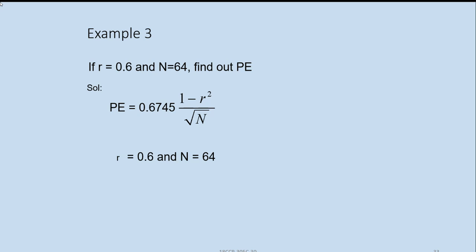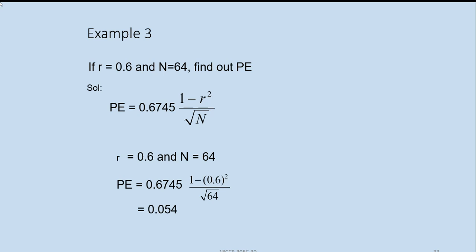Probable error is equal to 0.6745, 1 minus r square by root n, where r is 0.6 and n is 64. Right? This is the calculation. So the probable error we got is 0.054.